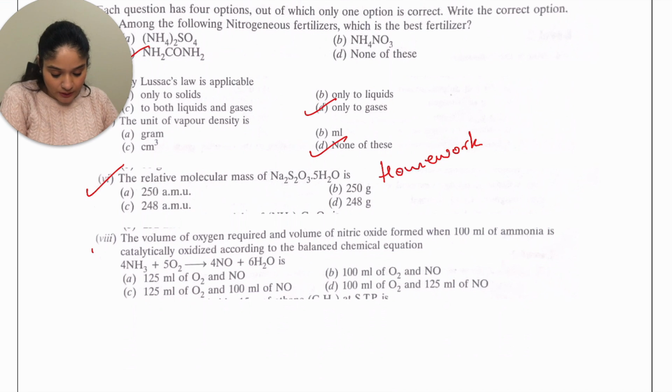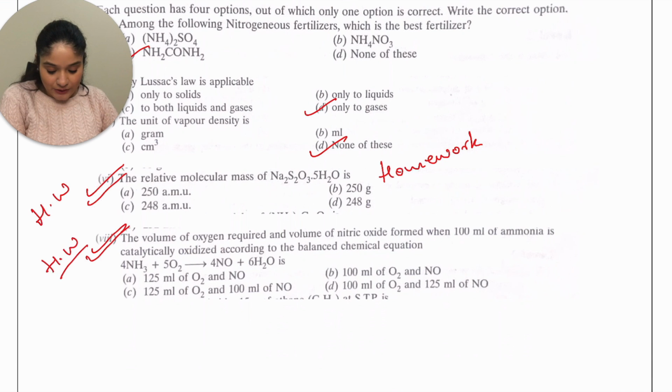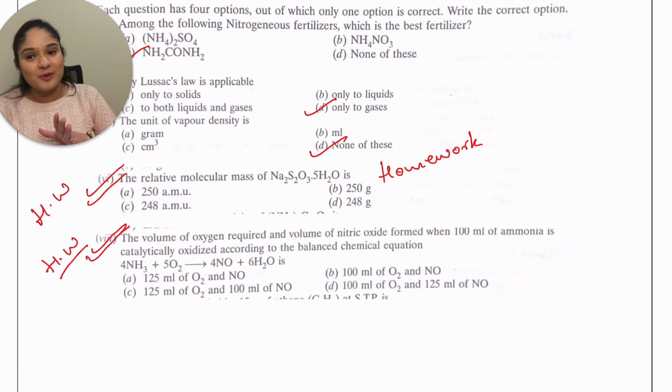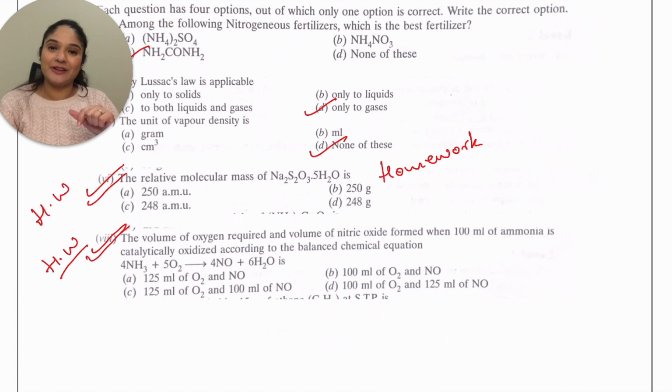And then you have the equation. Okay, these two questions are homework for you. Please do let me know your answers in the comment box. We have done similar questions today. So I am assured that you will be able to solve these questions. If you're not, please do mention that in the comments. And if you do, whatever answer you got, mention that in the comment section below and I will revert back with the correct answer.